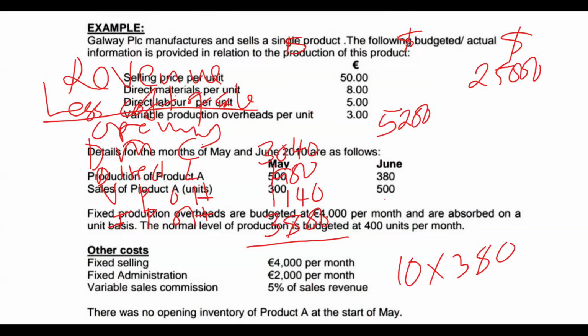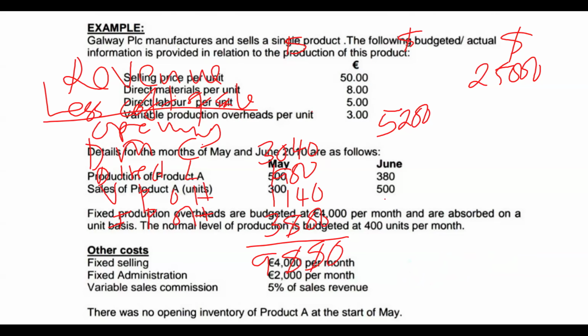What do we have? 3,040 plus 1,900 plus 1,140 plus 3,800. 9,880. Everyone is agreeing as a cost. Yes.